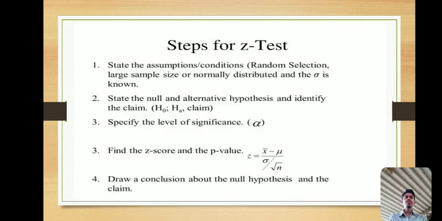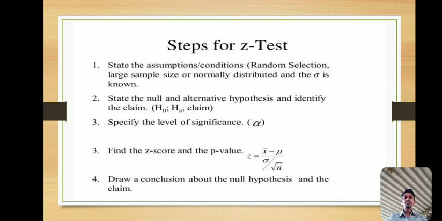Steps for Z-test. First, state the assumptions: randomization, random selection, large sample size or normally distributed, and the alpha is known. Second, state the null and alternative hypothesis and identify the claim.